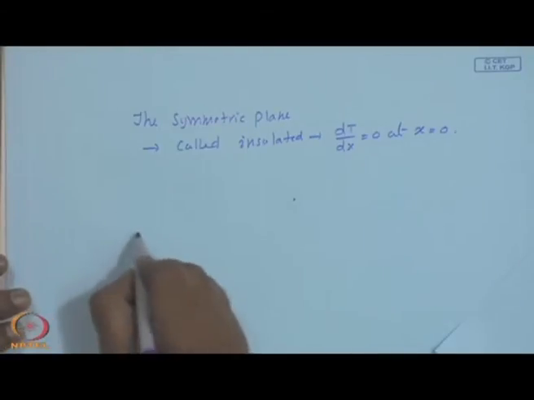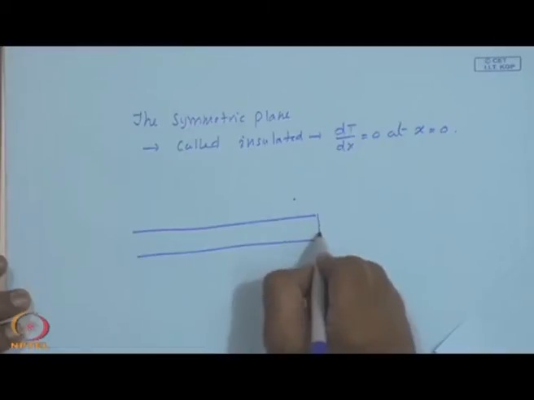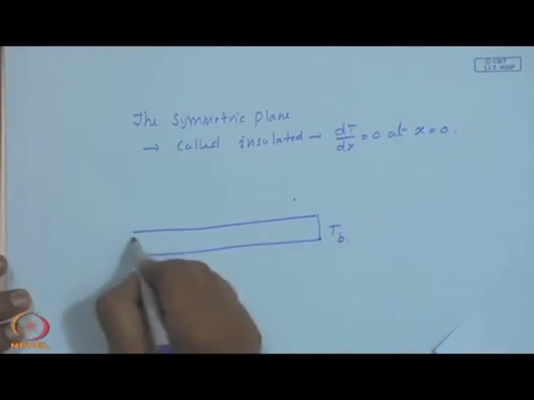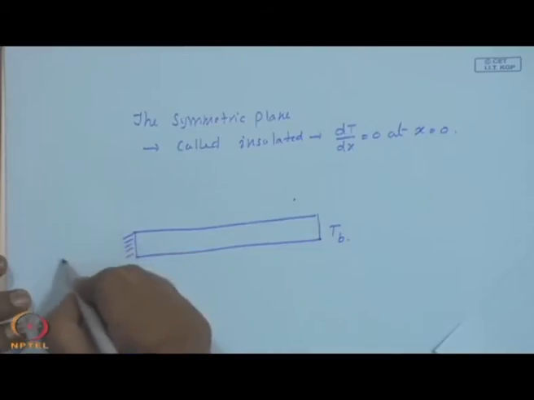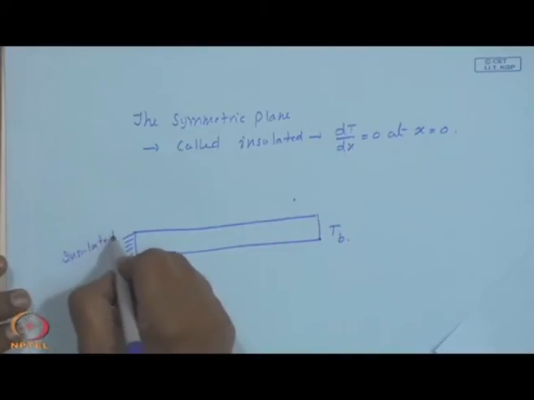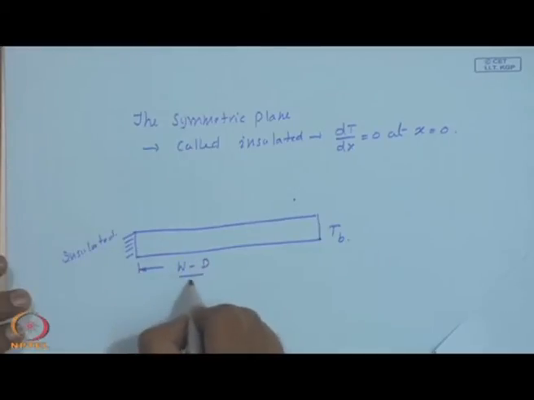So, if I just forget about the tube part, this is my base temperature T_b, this is the insulated portion, or dT/dx equals 0, and this is my W minus D by 2.